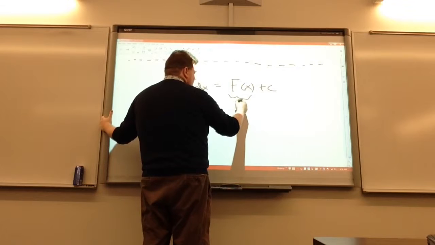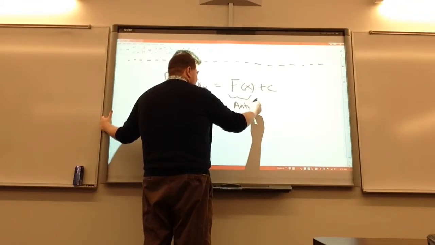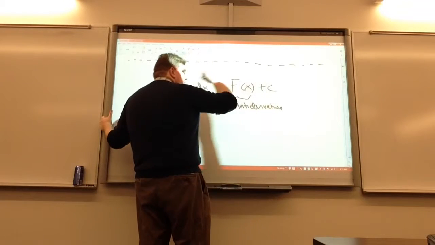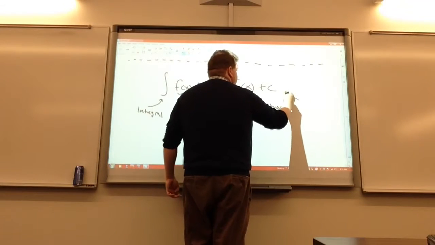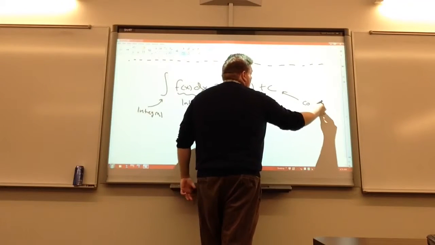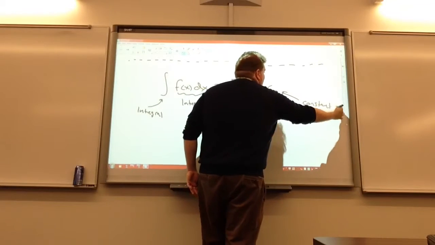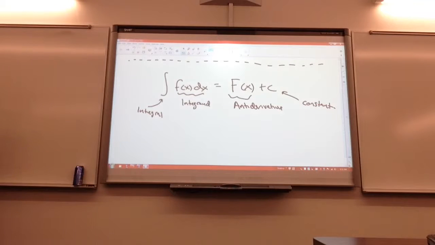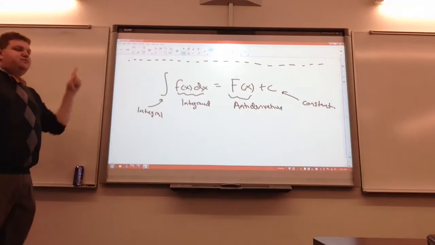Obviously, big F here is the antiderivative. And then what we have right here is a constant added on. Whenever you take an indefinite integral, you're always going to have this plus c on the end.